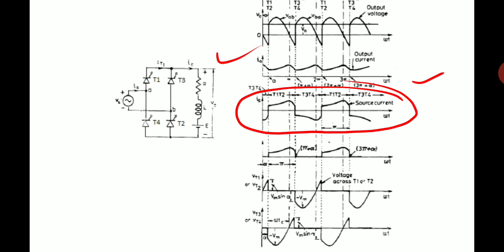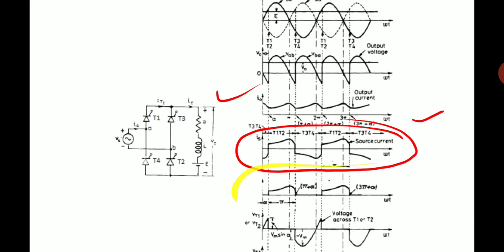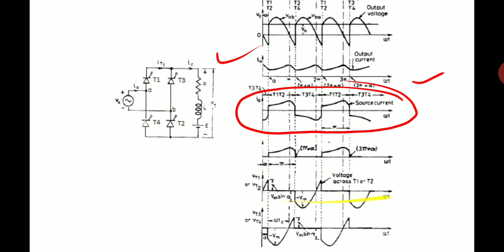Now we know that the thyristors T1 and T2 are conducting in positive half cycle of supply voltage. So if we subtract load voltage from Vs voltage, we will get Vt1 and Vt2.